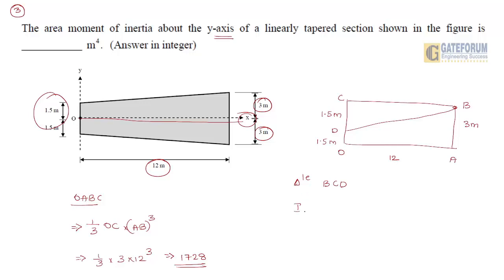This gives IDC equal to 1 by 12 DC into BC whole cube. 1 by 12, DC is 1.5, BC is 12 whole cube. On calculating, you should get around 216.